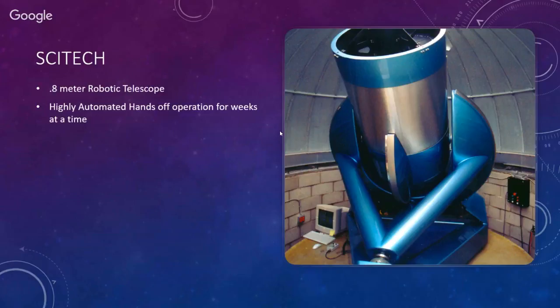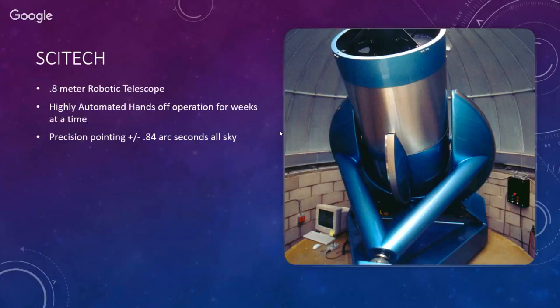All aspects of the observatory, hands off. The owner would actually go away. He'd fly to Germany for weeks, and this thing would continue to do the automated supernova search all the way through the data reduction pipeline, which the pipeline was provided by the Lick Observatory. It was a joint effort.